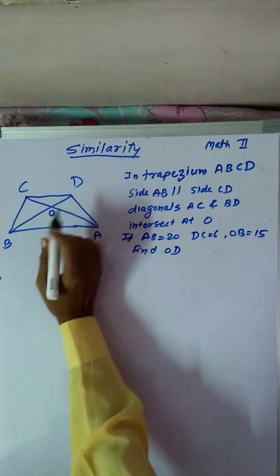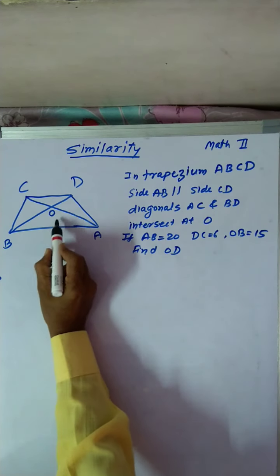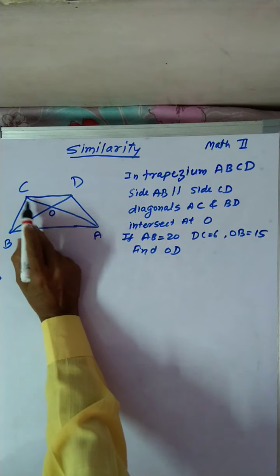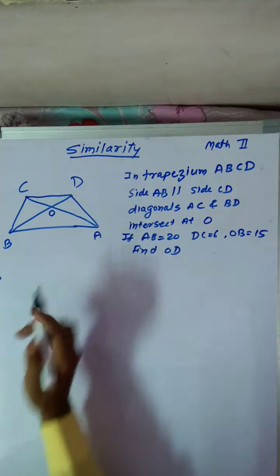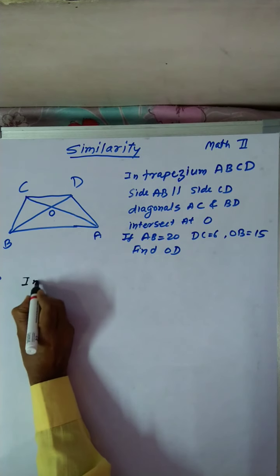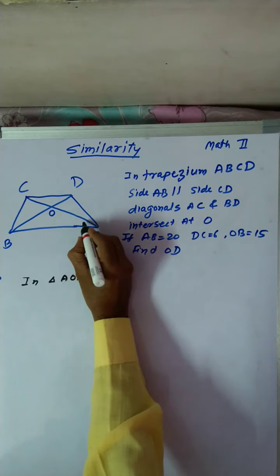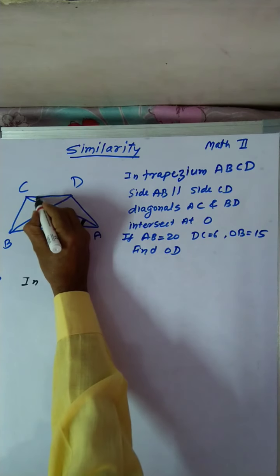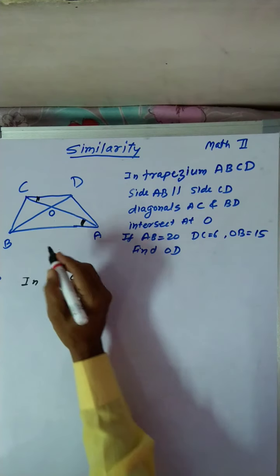In this trapezium ABCD we take two triangles. This is first, AOB is the one triangle and COD is the other triangle. These two, we take these two triangles. Okay, that means in triangle AOB, angle A and angle C are equal because these are alternate angles.